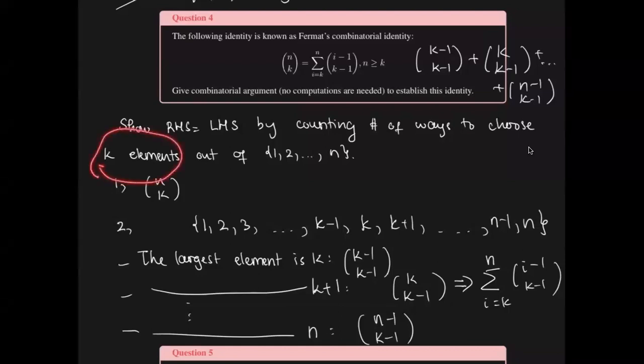So when we choose k elements out of this set, one element has to be the largest one, right? Because we choose without repetition. For example, let's say we choose 1, 2, 3 up to k, to get k elements out of this set. Then in this set, the largest element is k.